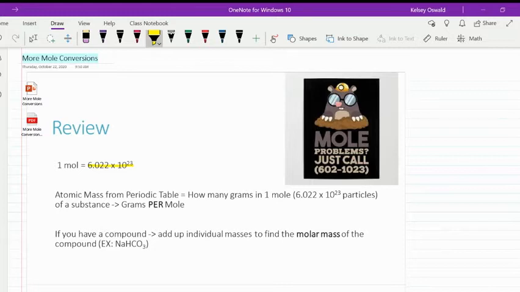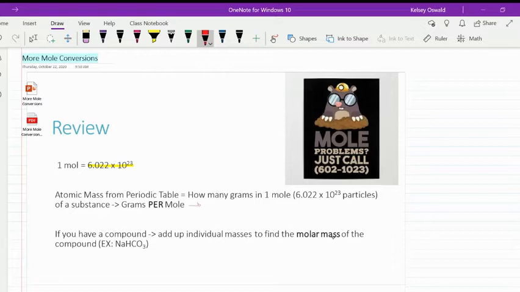We then took a look at what a mole actually looks like. And we saw that our atomic mass from the periodic table told us how many grams are in 1 mole of that substance. Okay? Or in other words, how many grams were in 6.022 times 10 to the 23rd particles of that substance.